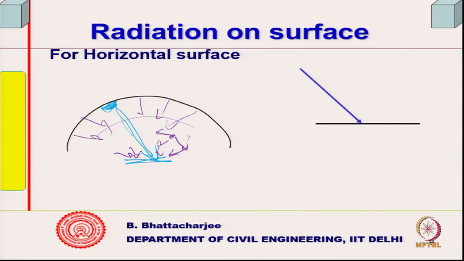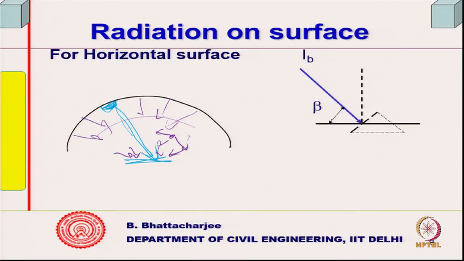So, let us look at the beam radiation. I call it IB, coming onto this surface. This is the beam radiation direction, and this is the normal to the surface for a horizontal surface. The altitude angle is given as the angle between the projection of the sun's radiation onto the horizontal surface and the sun ray itself.